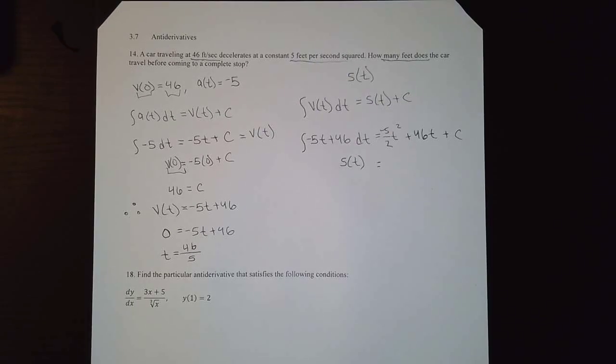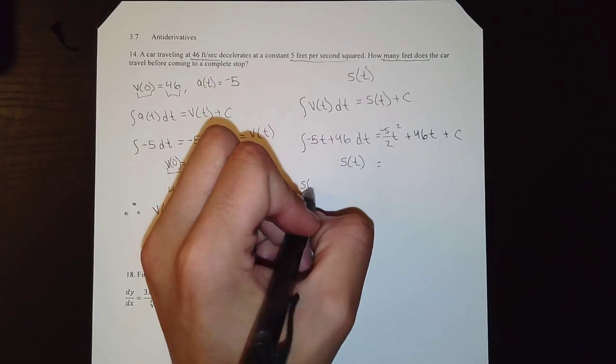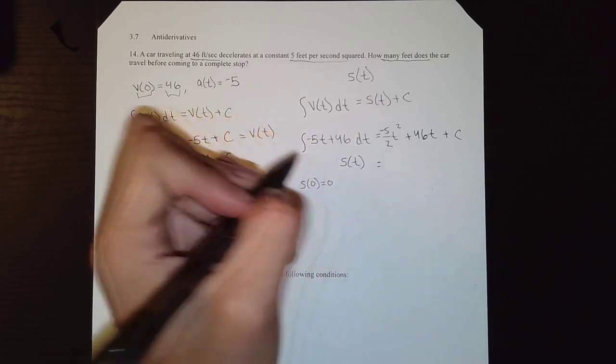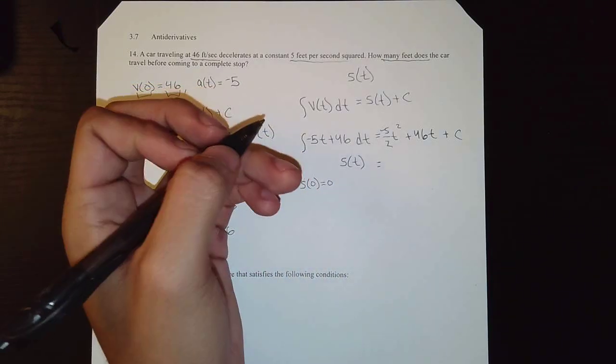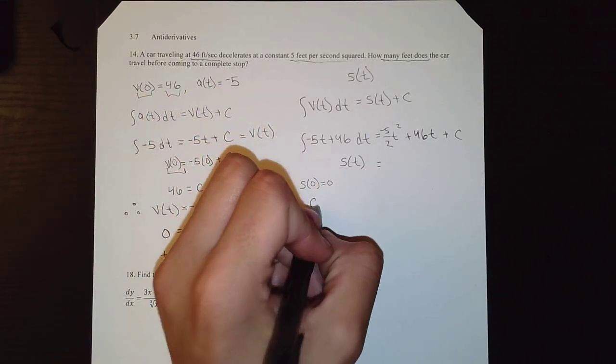Well, the position at time 0 would be 0. So we know s of 0 is equal to 0. So we can find C by plugging this in, and what we would get was C equals 0.